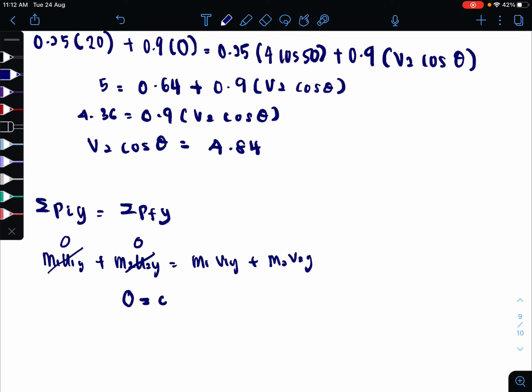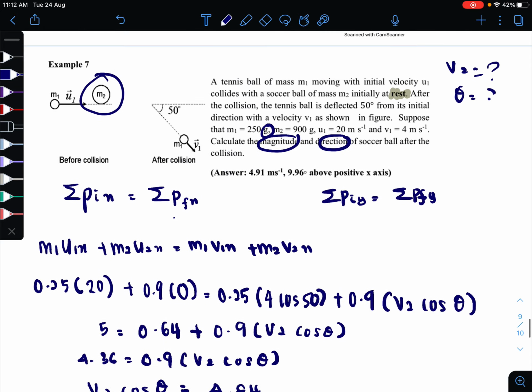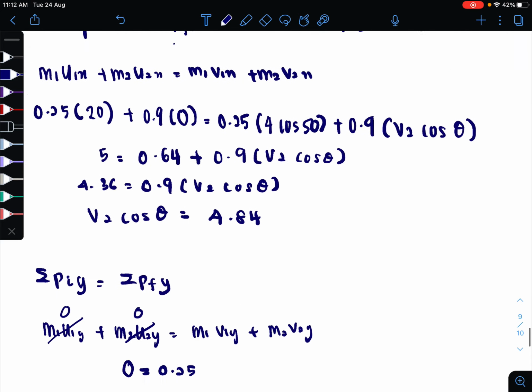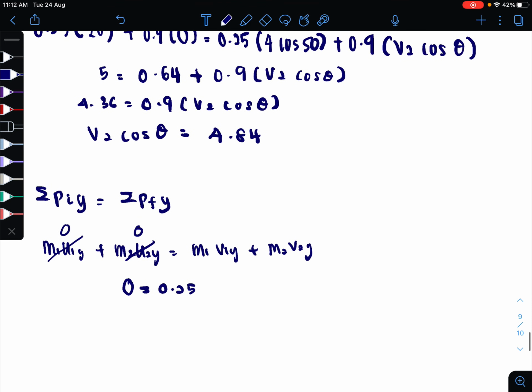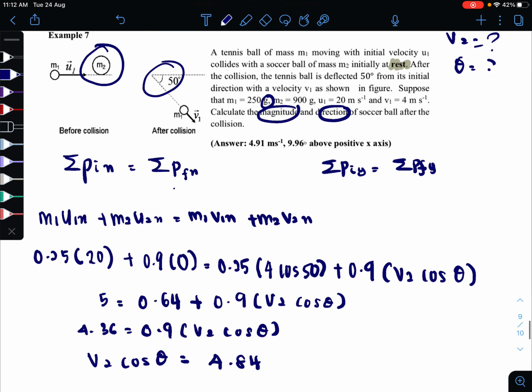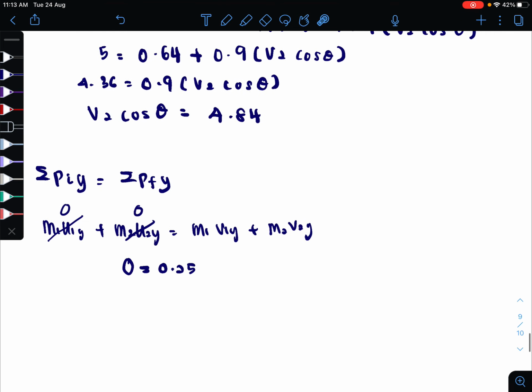Okay, so we are going to look at what happened after the collision. After the collision, dia involve X component dengan Y component sebab dia ada theta here. So M1 adalah 0.25, V1Y adalah, this is your V1. So V1 along Y akan ke bawah. So we're going to have negative V1 adalah 4 sin 50.